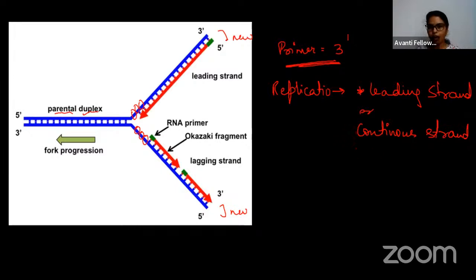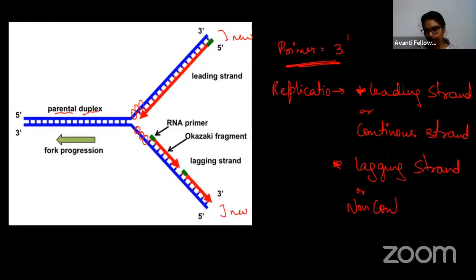Okay, and the another one is lagging strand, or non-continuous strand. Okay, so these are the two types that we are going to get from the replication. Okay, so isme if you see here, this is the leading strand and this is the lagging strand.